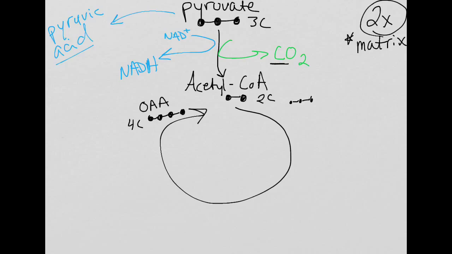And so the first thing that is formed, and somehow all of my circles are getting very oddly shaped and small, but we'll make do. The first thing that is formed is citric acid, a 6-carbon molecule. Okay, I'm actually going to just erase really quickly and rewrite citric acid again because that looks pretty bad.